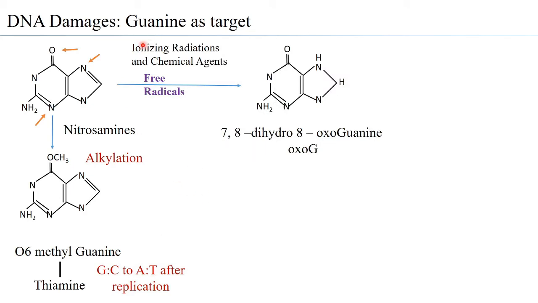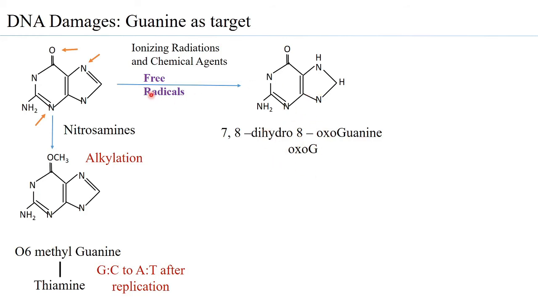You can also say, for example, I have the DNA exposed to ionizing radiations and several different chemical agents that give rise to free radicals. These free radicals are able to affect, say, guanine in such a way that at the 7 and the 8th position you have a 7,8-dihydro-8-oxoguanine formed, which is termed oxo-G.